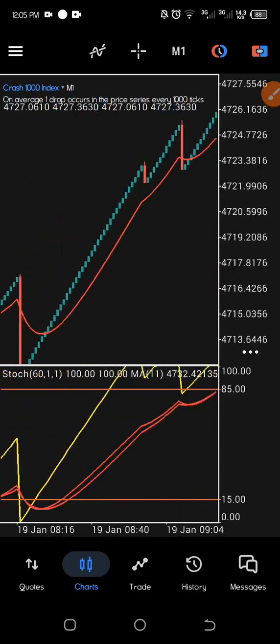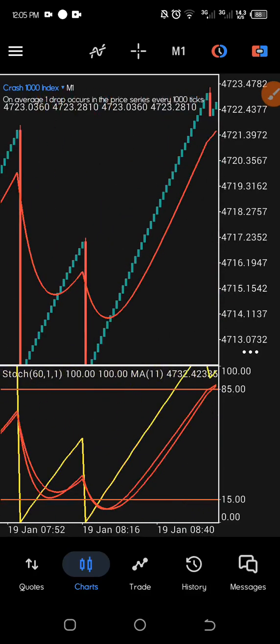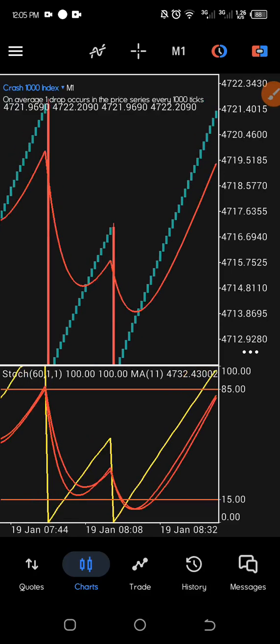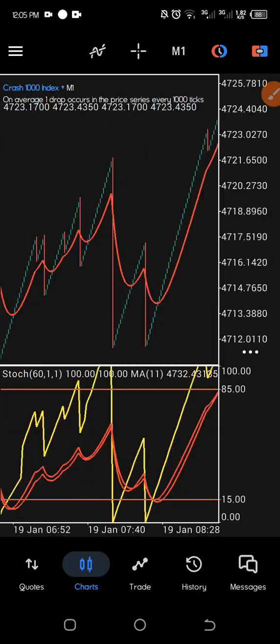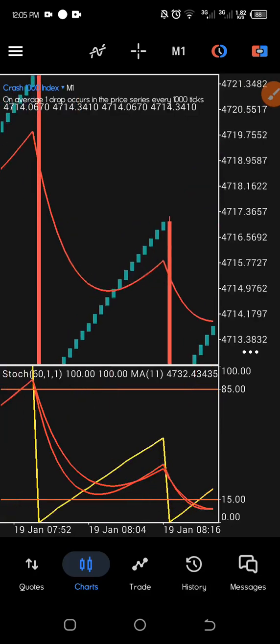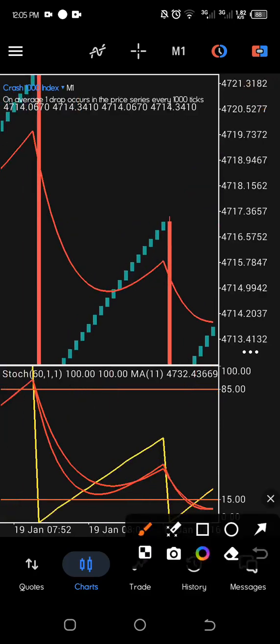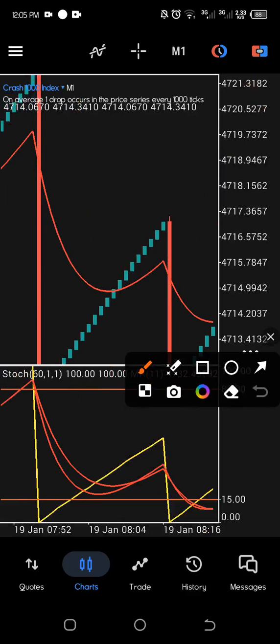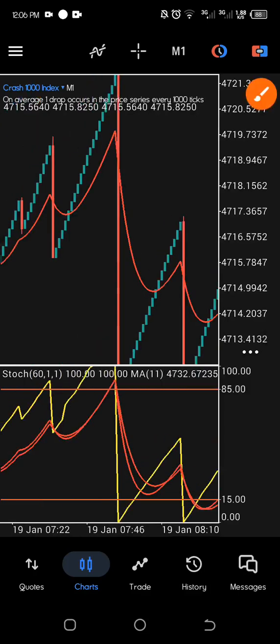I'm going to show you guys the 2 trades where, if you take more than 5 candles, you are going to get stopped out. This is the first trade right here. Now looking at this trade here on Crash 1000, the first confirmation that we want to see when we are taking the trade with this strategy is this. Firstly, we want to see where there is a spike in the market.